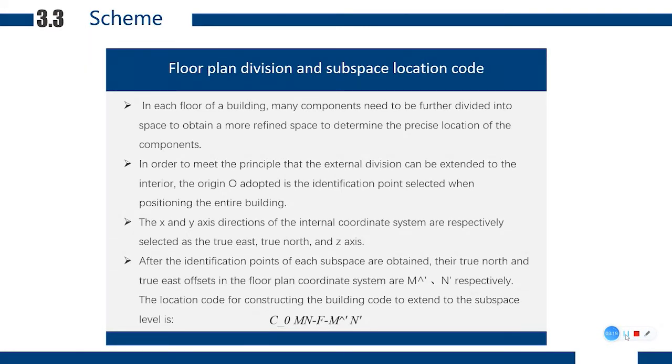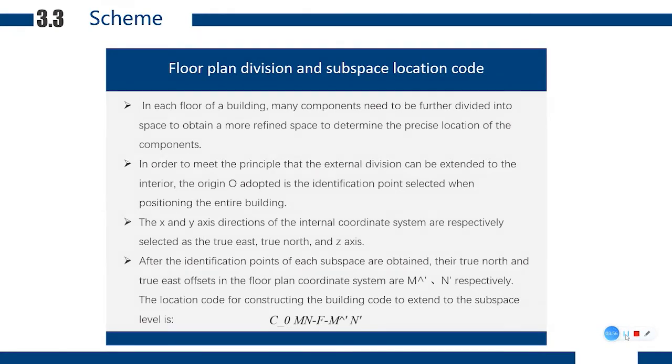After the identification points of each subspace are obtained, their true north and true east offsets in the floor plan coordinate system are M' and N' respectively. The location code for constructing the building code to extend to the subspace level is C0MNF M'N'.